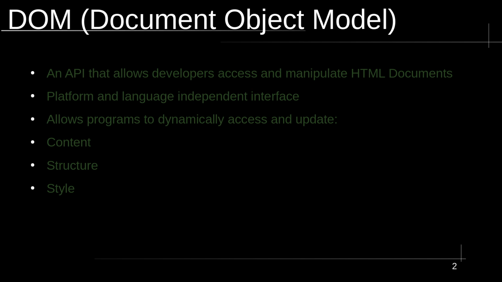DOM stands for Document Object Model, and it is generally an API that allows developers to access and manipulate HTML documents. It is also a platform and language-independent interface that allows programs to dynamically access and update content, structure, and style. So generally, DOM is going to allow you to access some of the HTML documents, HTML tags, or CSS tags.